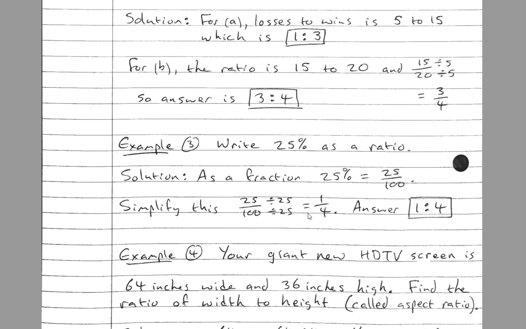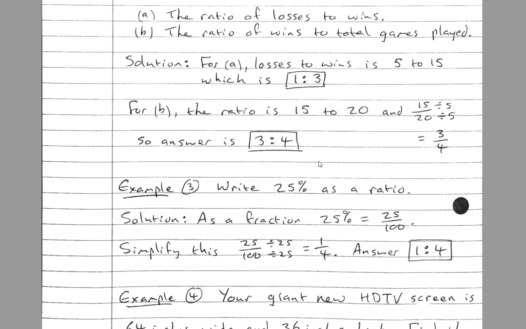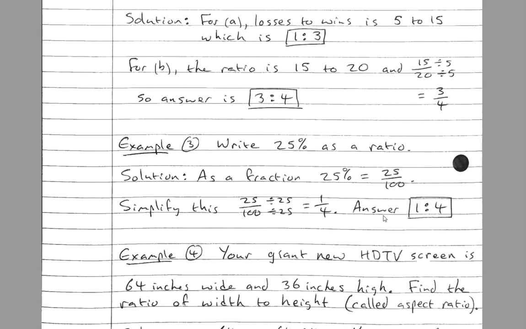Cancel 25s, that's 1 over 4. So as a simplified fraction, 25% is 1 over 4. And as a ratio, that's 1 to 4, or 1:4. All right, so nothing really new here. We're just looking at fractions in a slightly different way.